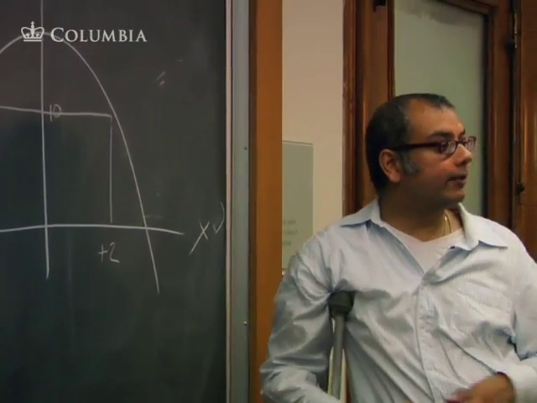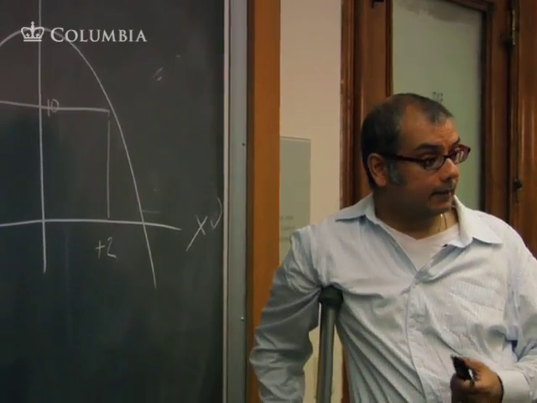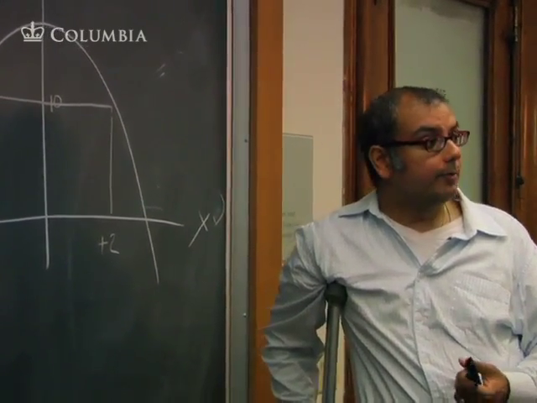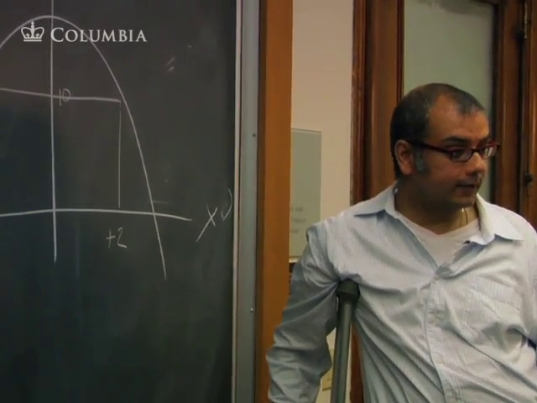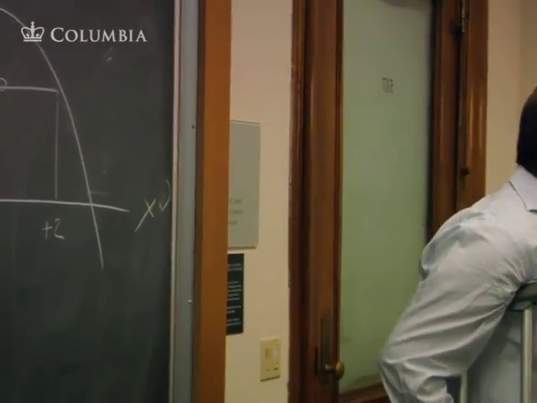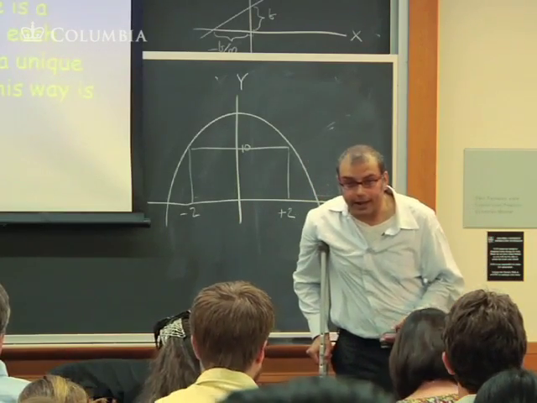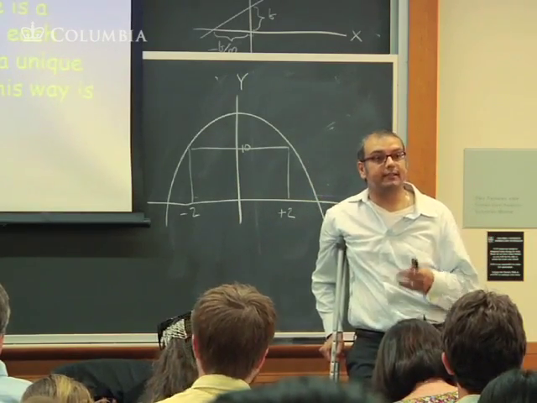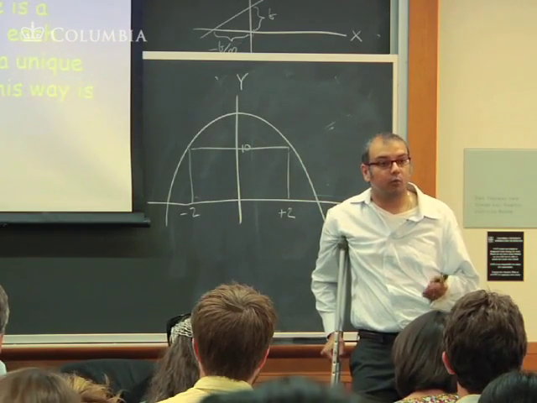Whatever x values you give me, I'm only going to give you one associated y value. But if you were to give me a y value, I may give you more than one associated x value. The definition of a function, and that's why a function is not necessarily two-way, right? A function is a rule that takes x as an input and gives you a unique value y as an output.